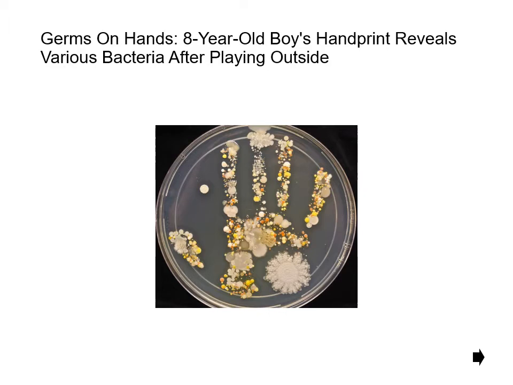But not only children; all of us have some amount of microbes on our hands and skin and also in some organs inside. We will go through these in detail in the coming weeks. Now let us move to the next slide.